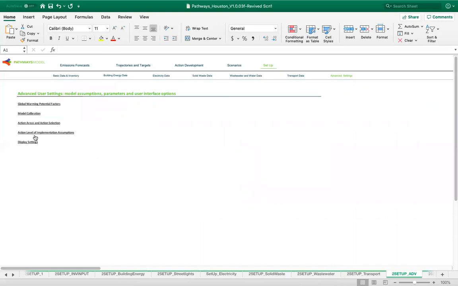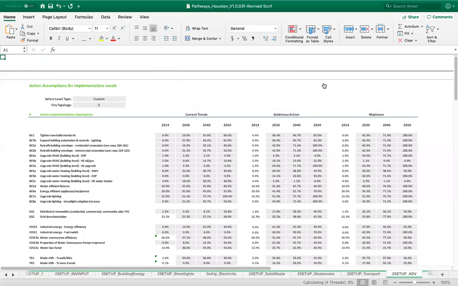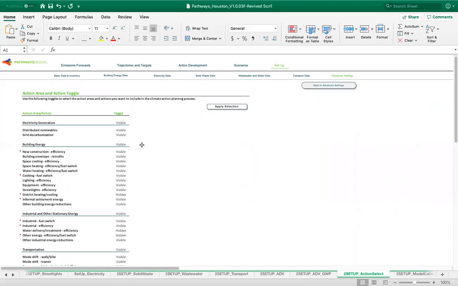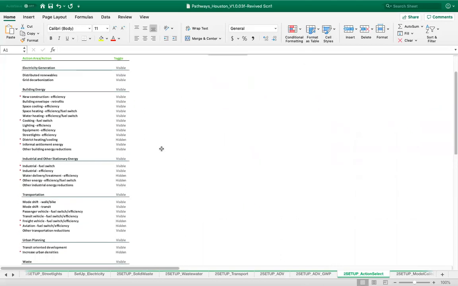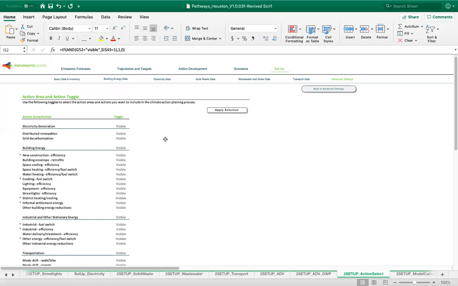But similarly, what's also available is action level, these are the ones we just looked at. And sorry, back to your question earlier on freight. There is a more comprehensive list of actions that is available to you. Here, we didn't have freight selected, but you're able to select freight as one of the options.